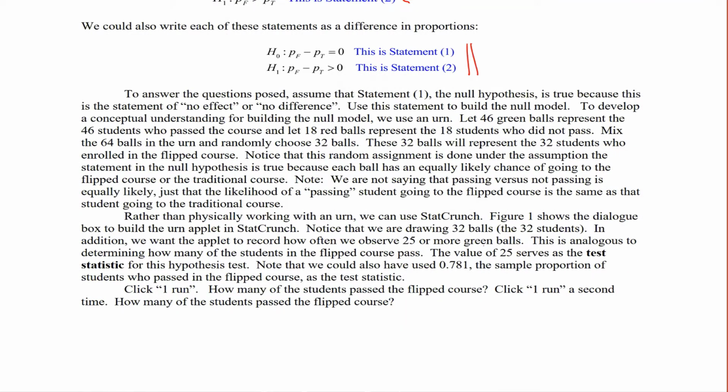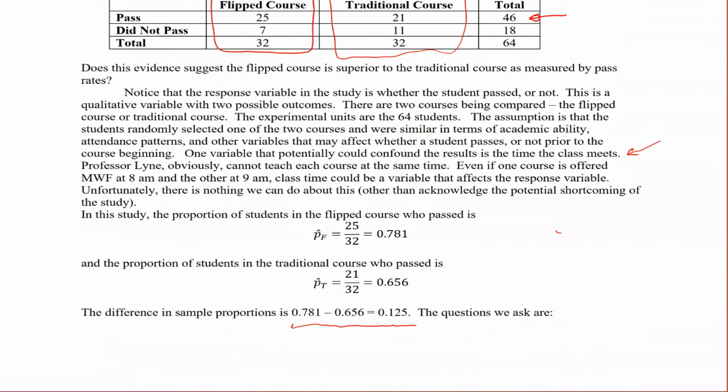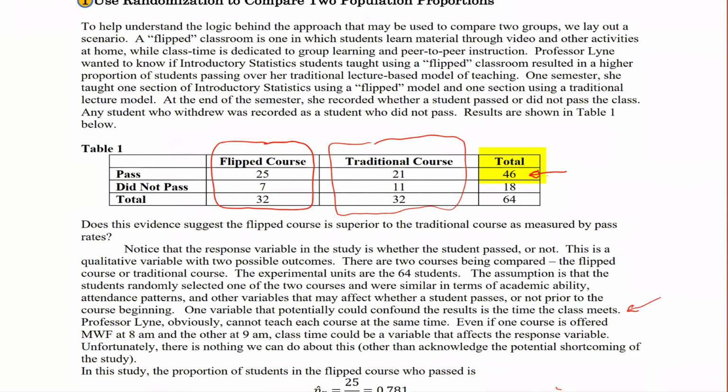To build the null model, we're going to use an urn. The urn is going to have green balls and red balls. We're going to have 46 green balls, and those 46 green balls are going to represent the 46 students who passed right here. And then we're going to have 18 red balls.